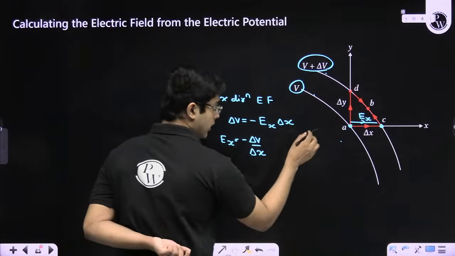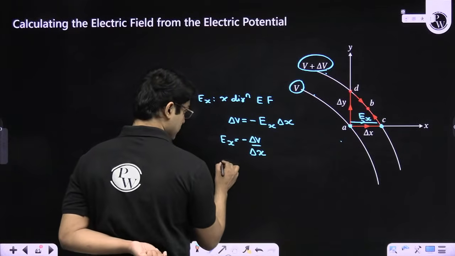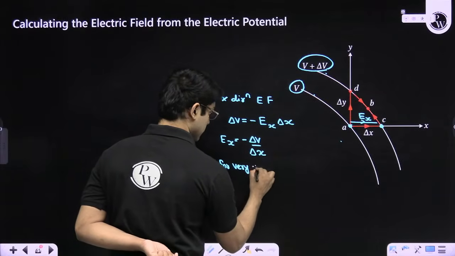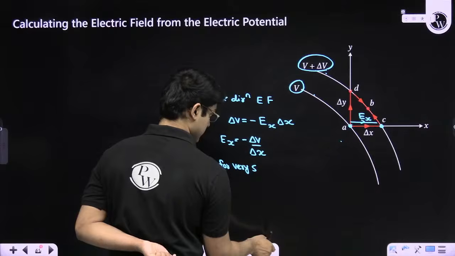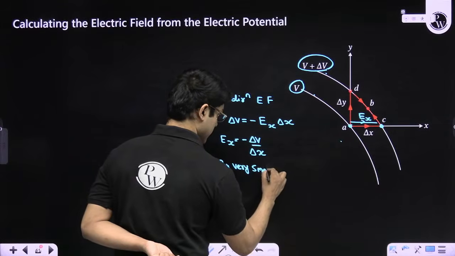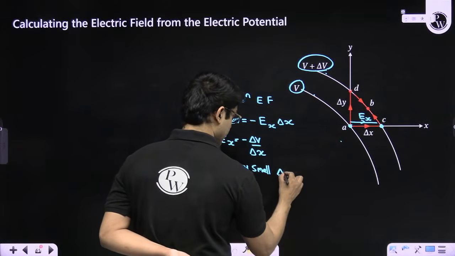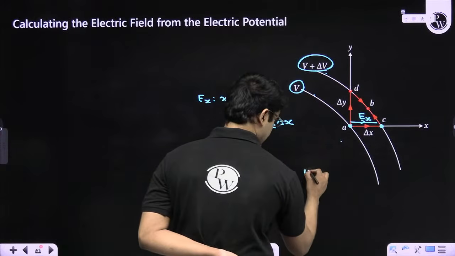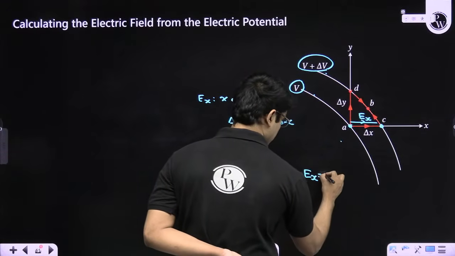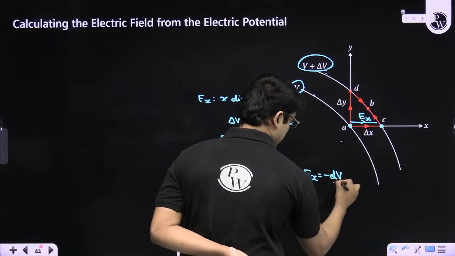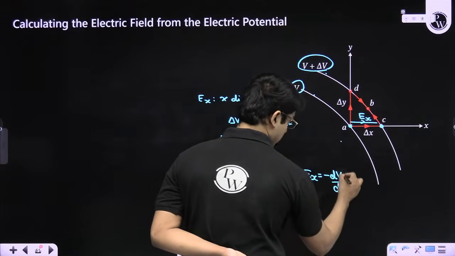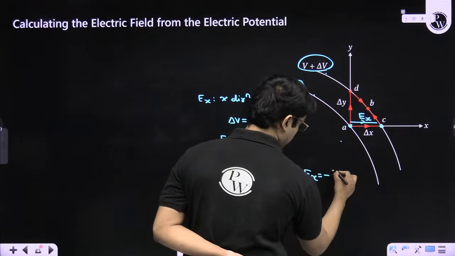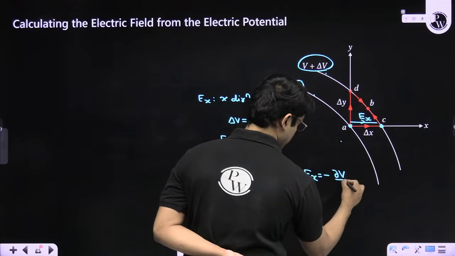Now for very small delta x, we are going to treat delta x like dx, and we get the x direction field as minus dV by dx. But there is a catch here. This is not simply minus dV by dx. It is minus partial derivative of V with respect to x.